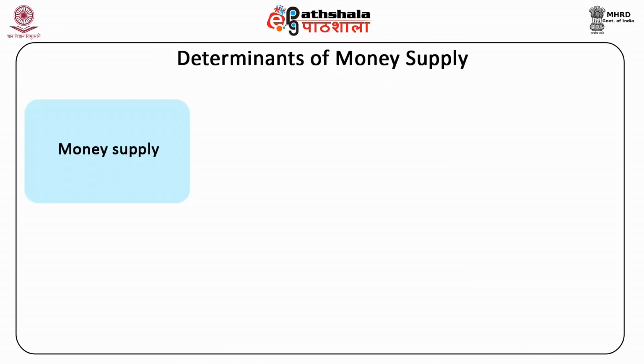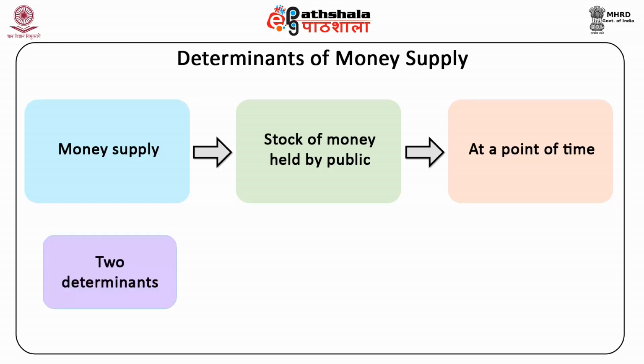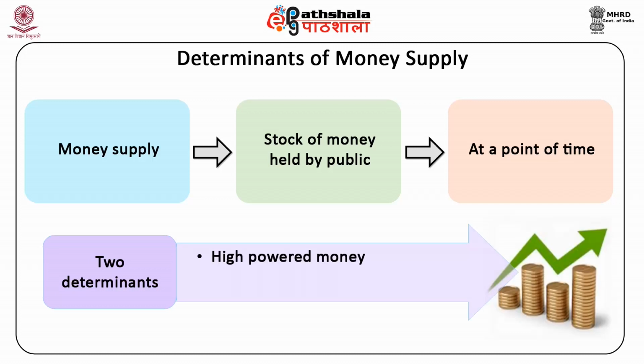Money supply is the stock of money held by the public at a point of time in an economy. It is determined by two main determinants. First, monetary base or high-powered money, that is H, and second, the money multiplier, that is m.